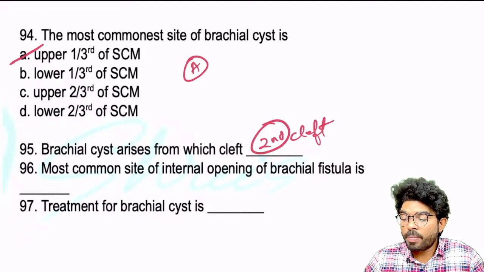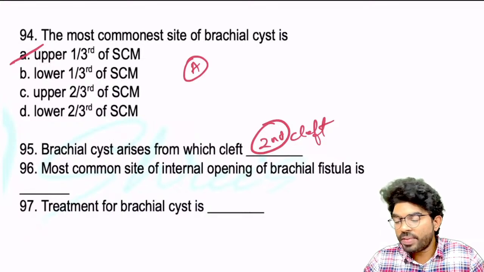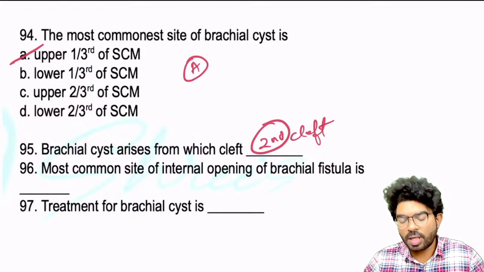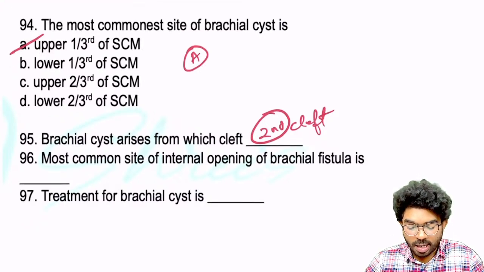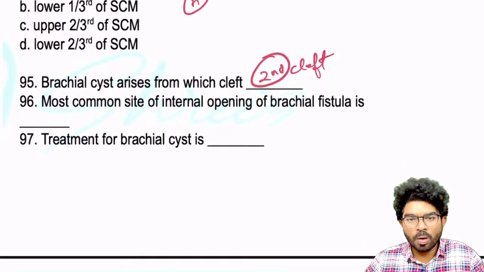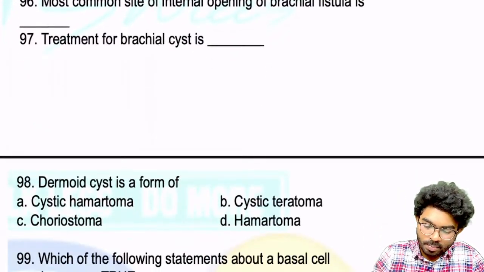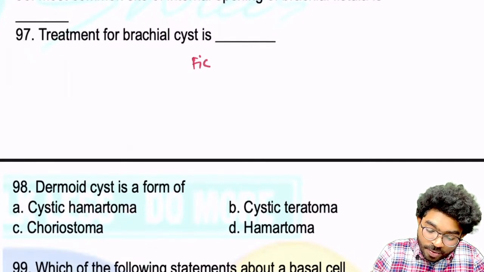And the most common site of internal opening of this fistula. Brachial cyst, if it is not handled well, converts into fistula also. We read cyst plus fistula. A fistula can have two openings: one is the internal opening, the second one is the external opening. So please write down what is internal and what is external opening. I'm talking about fistula.